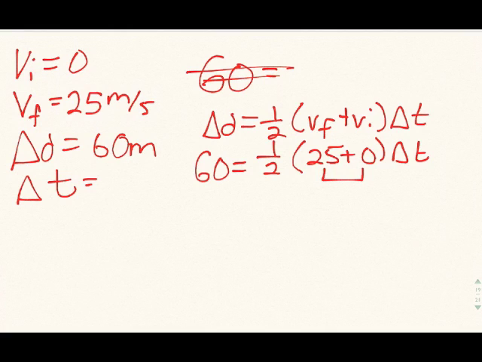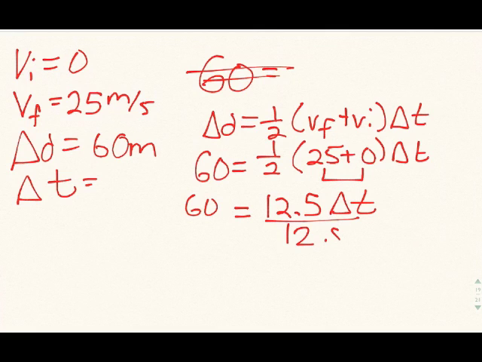So then we can multiply it by half, and we get 12.5 delta T equals 60. Whenever we do this, we can solve for delta T by dividing both sides by 12.5, and you should get a value somewhere around 4.8 seconds.